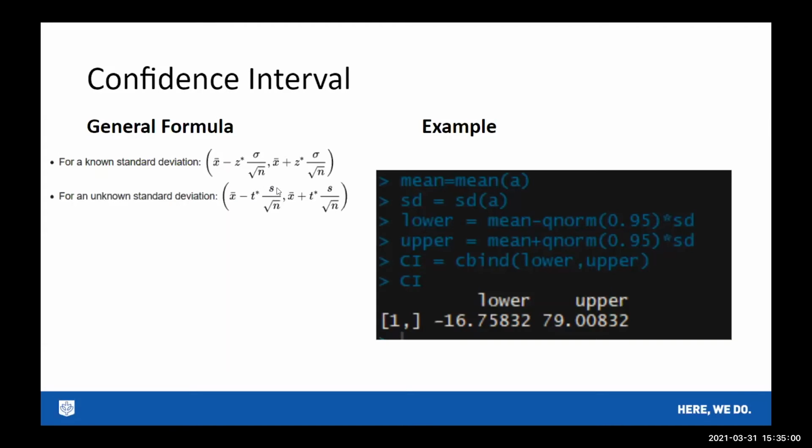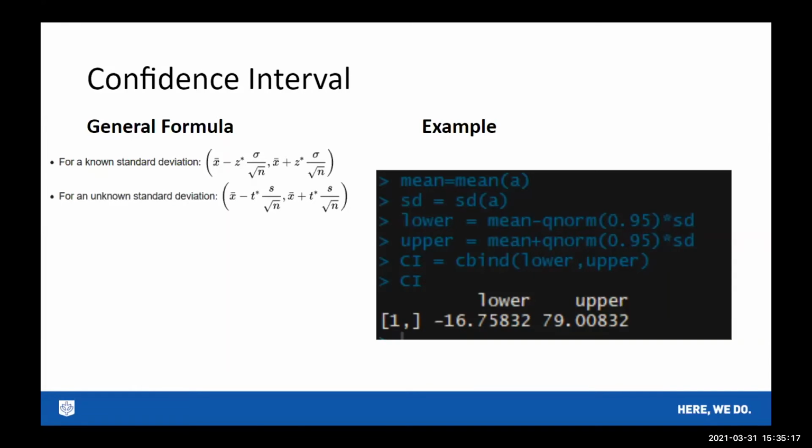Otherwise, you would use a t-score with the sample standard deviation instead of the population standard deviation. The x bar is whatever your estimate is, and you always subtract to get the lower number, and then add to your value to get the upper bound.